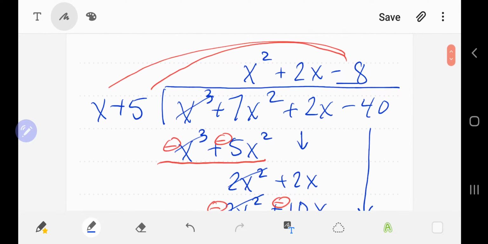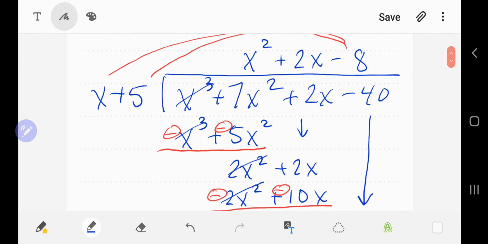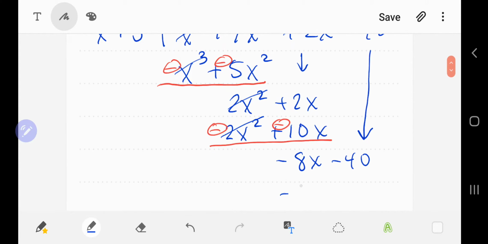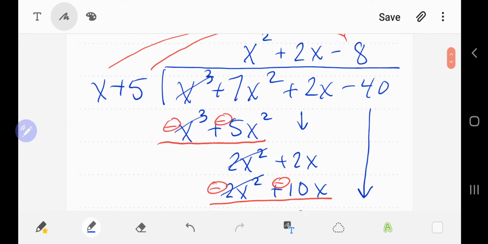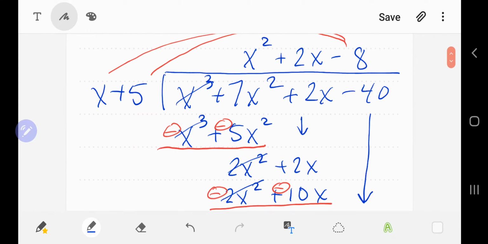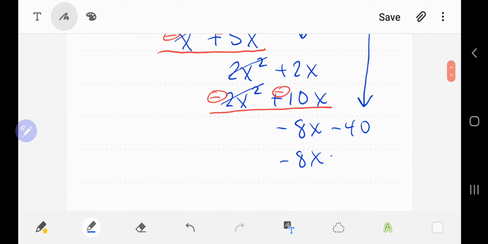If we distribute negative 8 times x, that gives us a negative 8x. Negative 8 times 5, that gives negative 40. And then remember what comes next. We're going to draw the line and change the sign. So those now become pluses. And then combine.